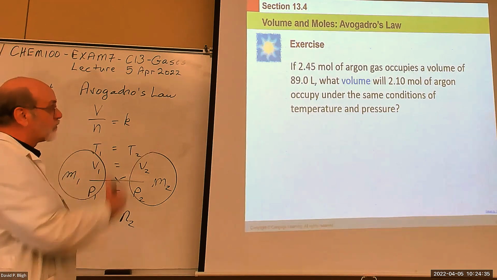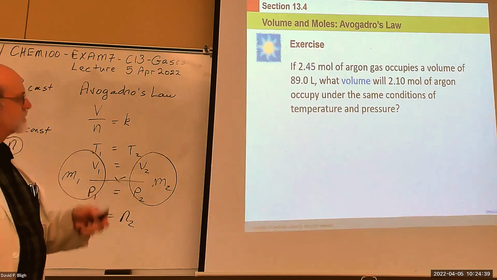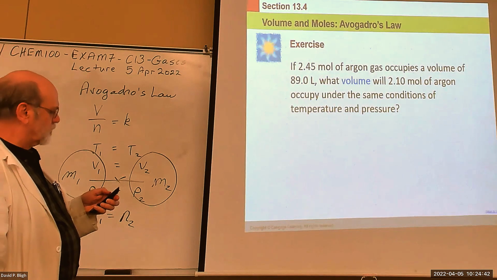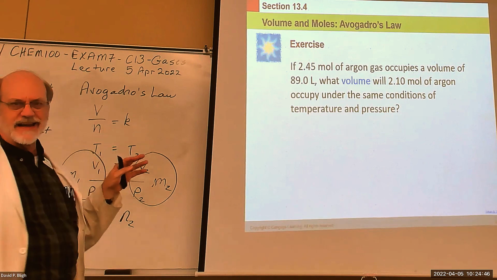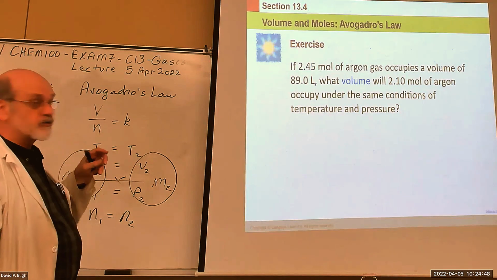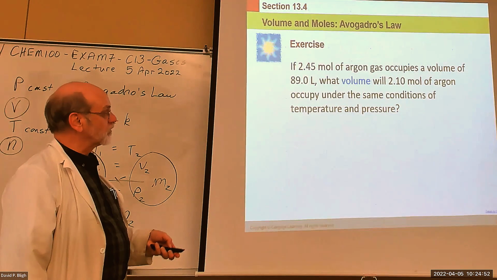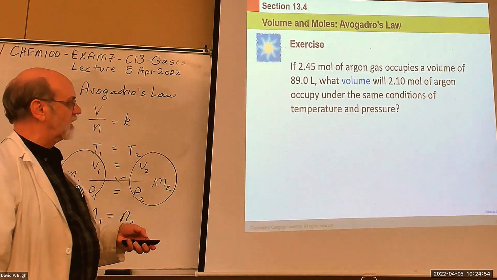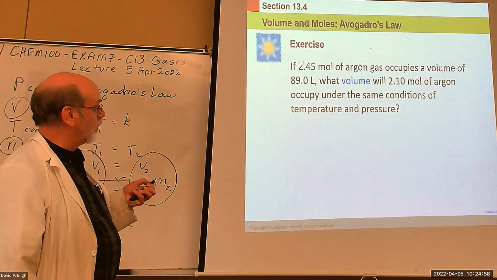And we can solve a problem, right? I'm going to have to maybe even skip this one. 2.45 moles of argon gas occupies a volume of 89 liters. Okay, those are the beginning conditions. What volume will 2.1 moles of argon occupy under the same conditions? So this is the before.